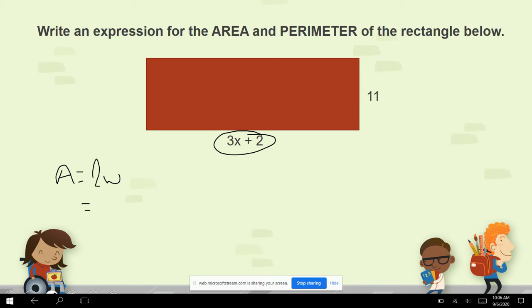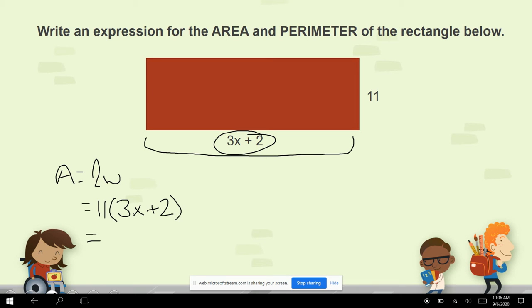So we are going to take our width of 11. I'm going to put it in front just because it's easier to see the distributive property that way. And we are going to multiply it times this entire side length of the rectangle. That entire side length is 3x plus 2, so you must put it in parentheses when you go to do this multiplication.